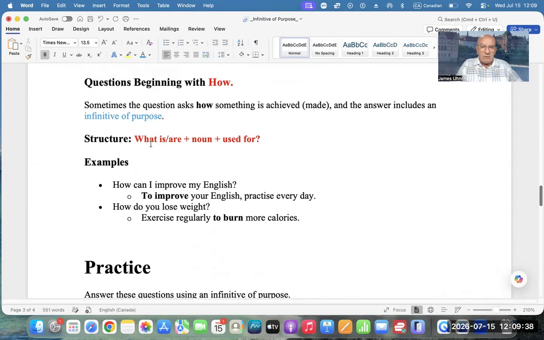So structure would be how, can, or do. So we can have a verb, but here we have verb and here we have helping verb.